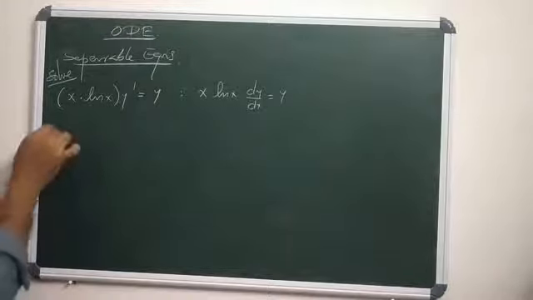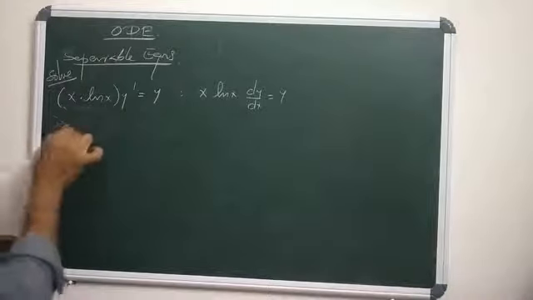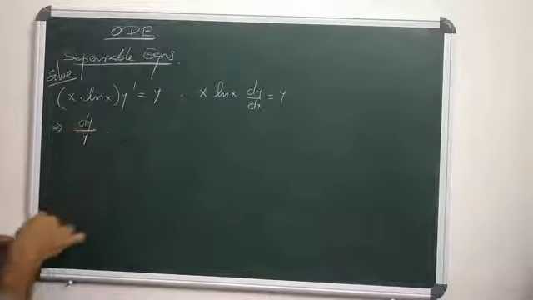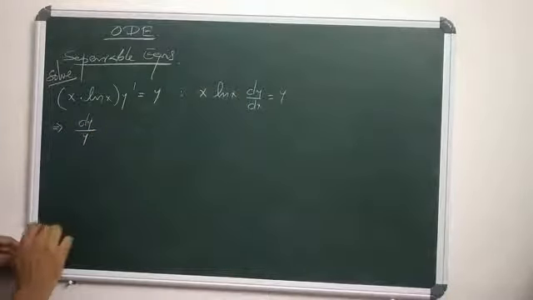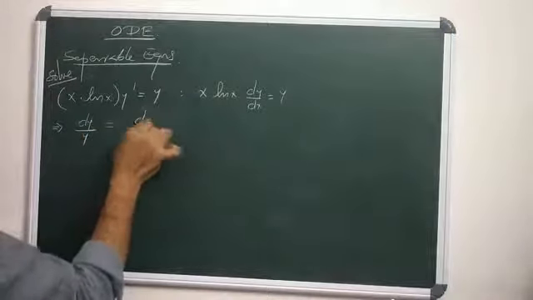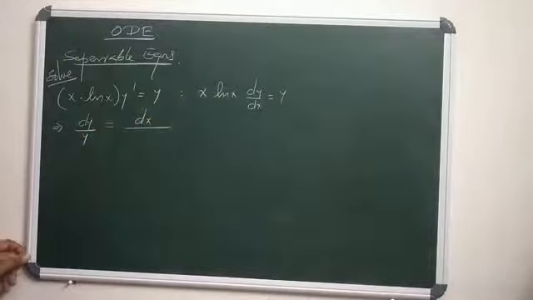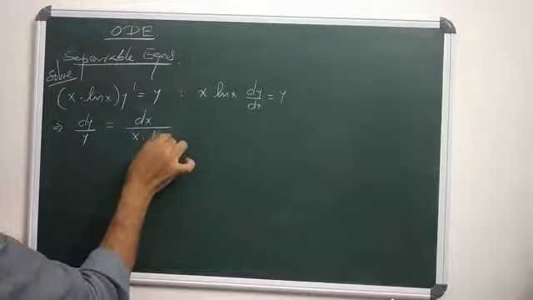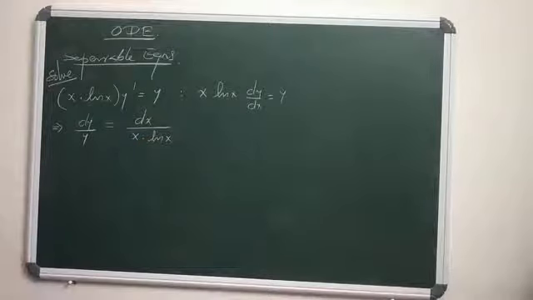Then you can convert it into variable separable form by this conversion. Bring this y to the left side, that is dy by y equals, and bring x log x into dx to the right side, so it is dx by x log x.